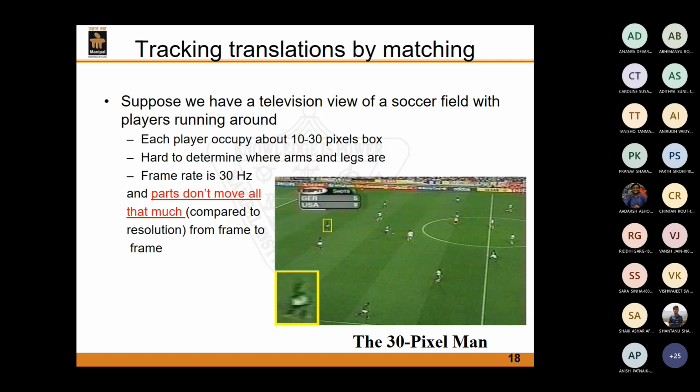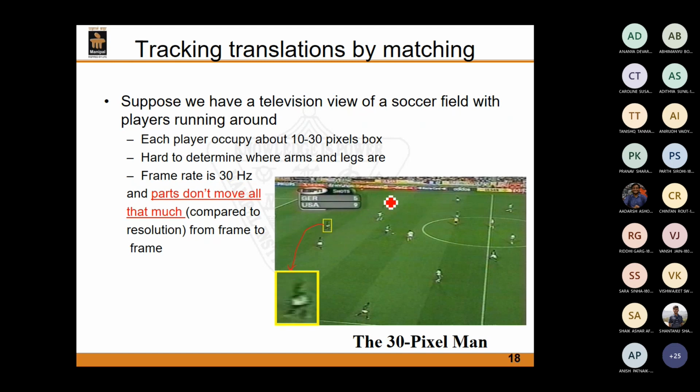So here we are assuming the person that you want to track. Let's say this is one frame of the video sequence, and the person in the yellow box is the person whom we are interested in tracking, and this is just a zoomed version of that.